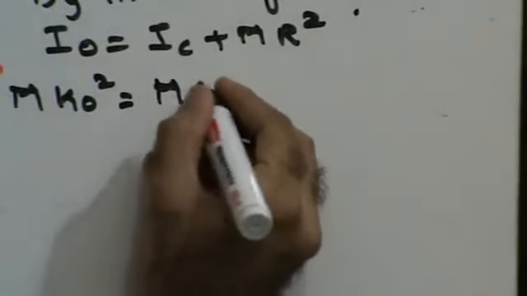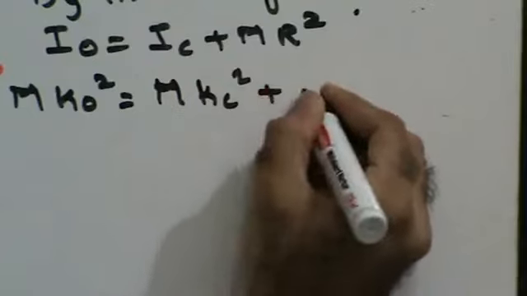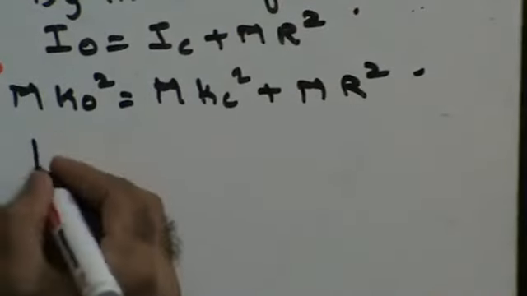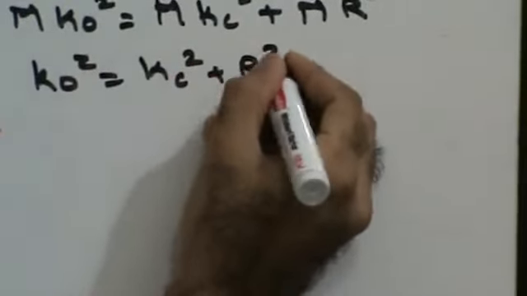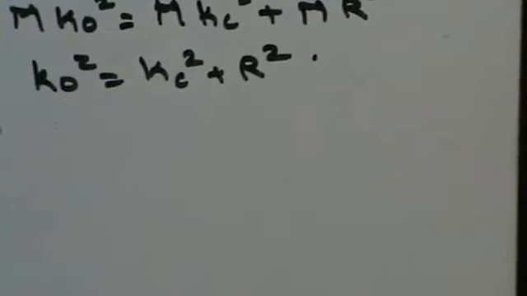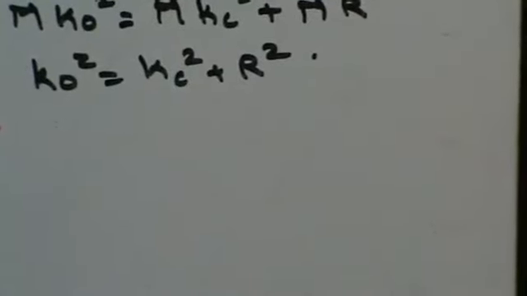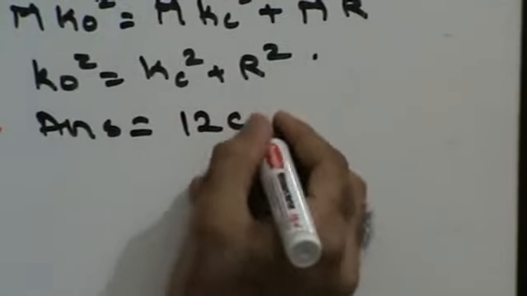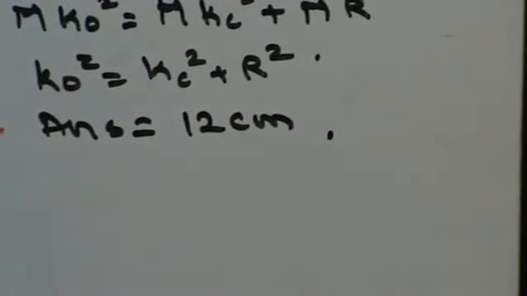IC is M into KC square plus M into R square. M is common, therefore KO square is equal to KC square plus R square. Right? Since everything is in centimeter, I shouldn't have a problem. I should straight away get the answer for this as 12 centimeters. Next, take on next one, please.